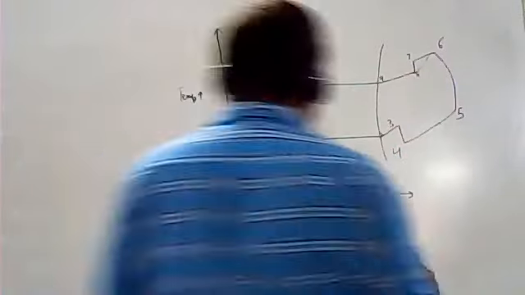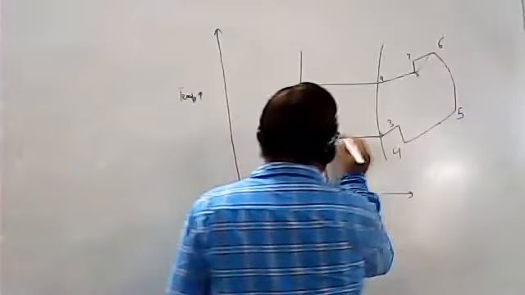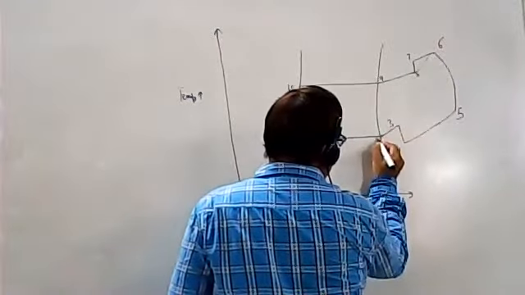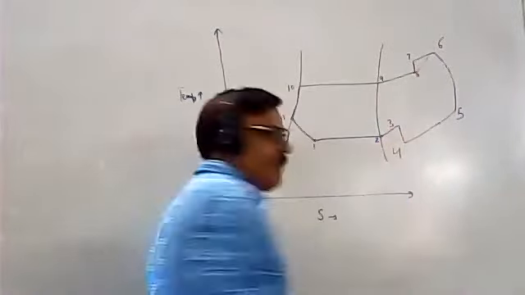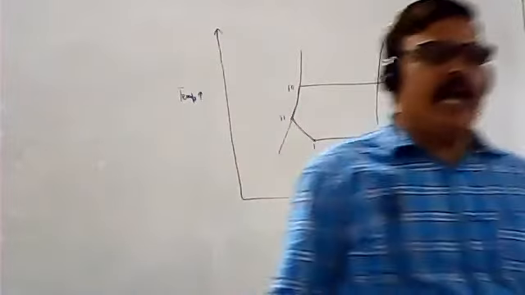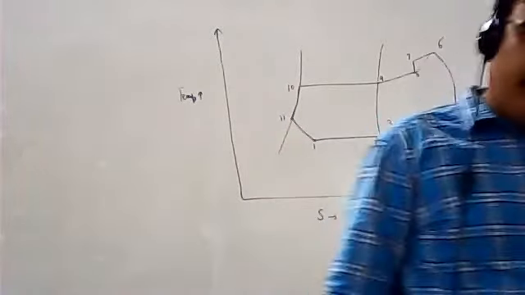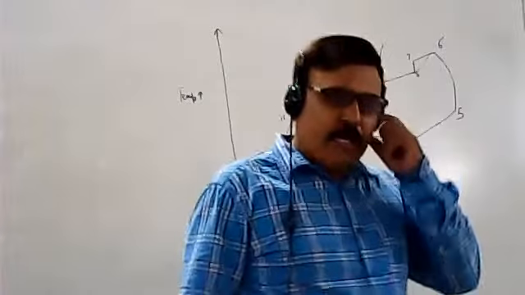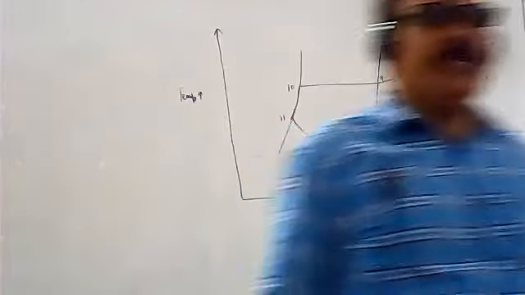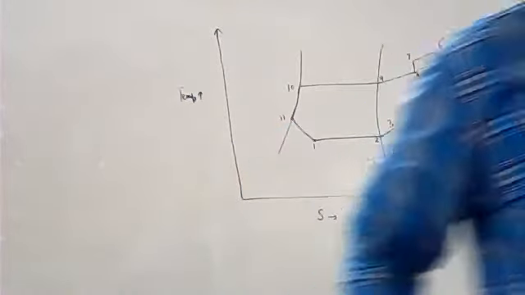Look at here, this is from 1 to 2. This is where the refrigeration effect will be there. As everybody knows, in the theoretical vapor compression cycle, we take the compression as isentropic or polytropic.